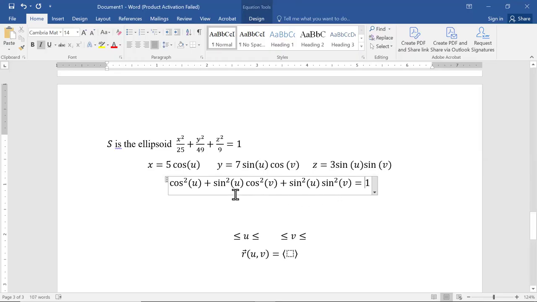Now here's what happens. Both of these terms have a common factor of sine squared of u, so I can factor out sine squared of u from both terms.